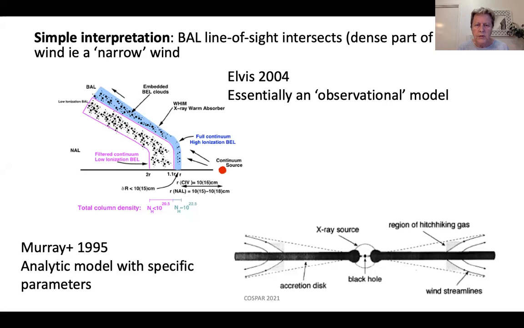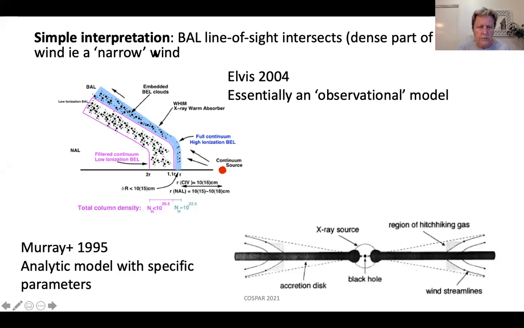So the simple interpretation is that the broad absorption line of sight intersects a dense part of a wind. Early models suggested, so here's one from Elvis, that we had a narrow wind, and that when we viewed the quasar, we're basically looking down the disk wind, and that gives us a broad absorption line.